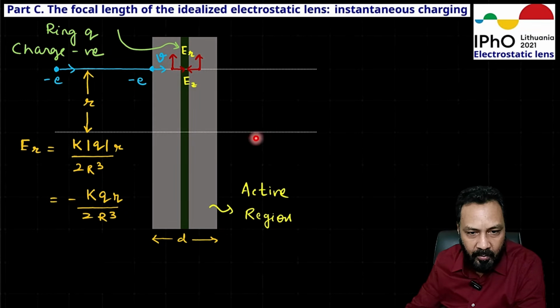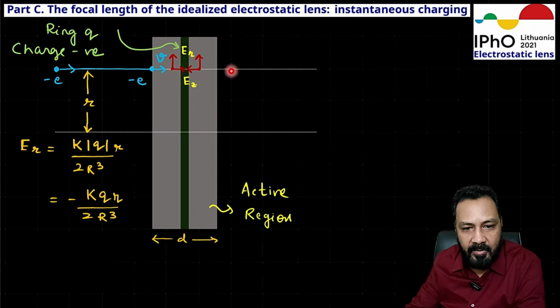What happened is that because of this ER part, the force will act in the downward direction, so it will start going in the downward direction this way. But this width is so small and the speed so large that from here to here the bending is negligible. It moves in almost a straight path.